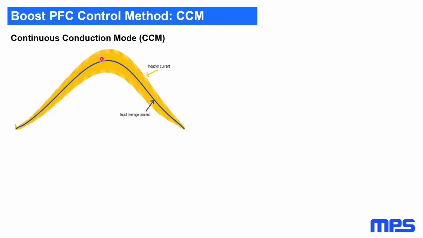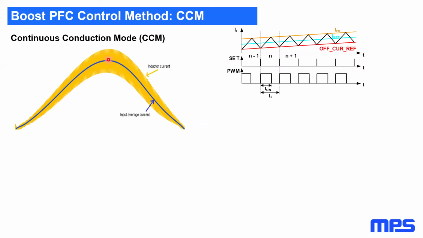And as a result, you see that the peak current is not much higher than the average current. So the ratio of peak current over average current is much less, which means that we have much lower RMS current for a given average input current than in the case of the BCM control.